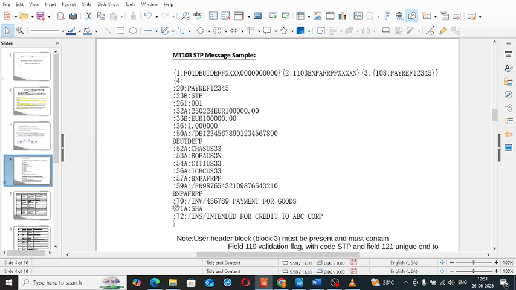But I will tell you one basic concept. Mostly MT103 STP processes use SHA charges or BEN charges only. It won't occur for OUR charges; only in very rare scenarios does it occur for OUR charges. In all the remaining scenarios it occurs for share charges or BEN charges.